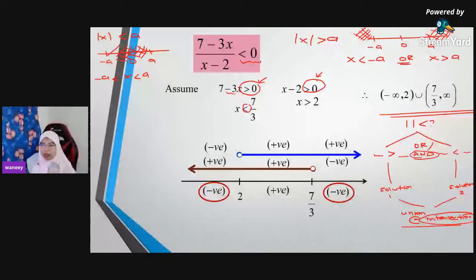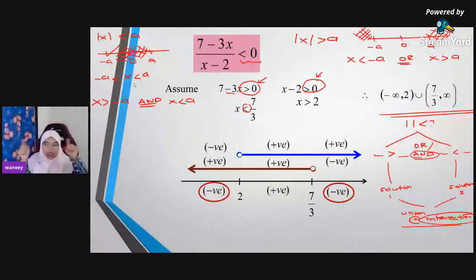Therefore, we separate them into 2, where we can have x greater than negative a, and at the same time x less than a. The way to read it is x greater than negative a and x less than a. It must happen at the same time before we can put it in that position. So this one you have to use the intersection. If you have the word or, you have to use the union.